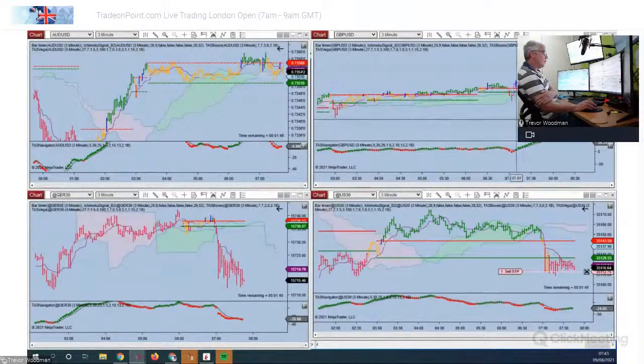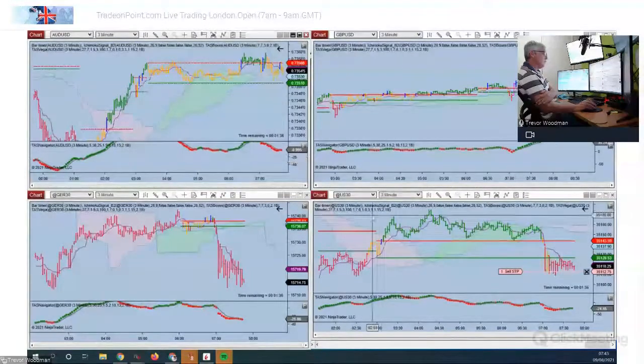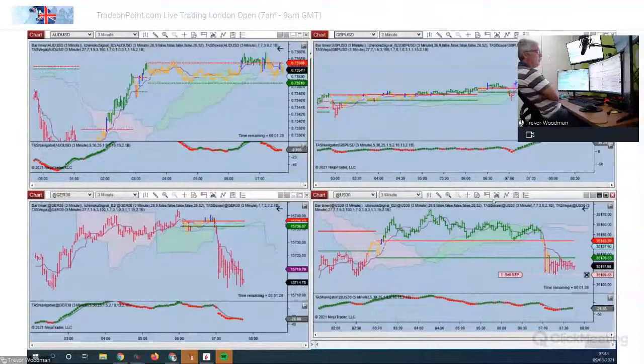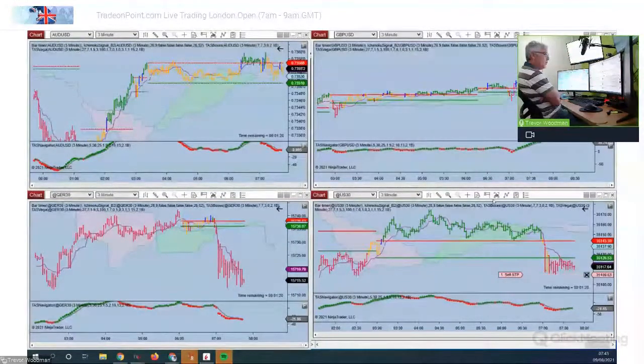Yeah, looks like a good stop. Going to go slightly below the support at the moment. You can almost see a trend line in there as well.